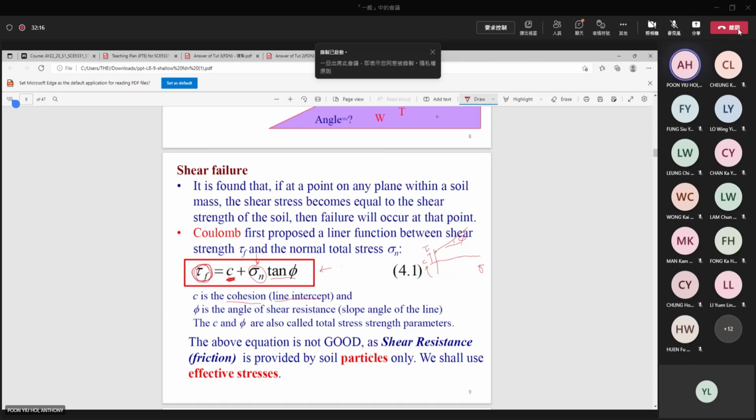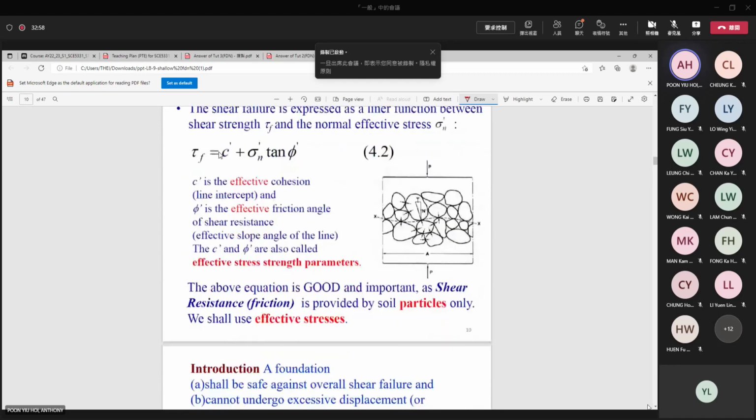We can also express this relationship in terms of effective stress. If we conduct the test and analyze the result using effective stress, then we can express it in effective stress as well. The values may be different, but the relationship will be the same. This is the effective stress relationship.